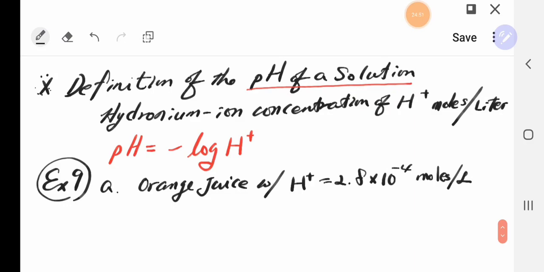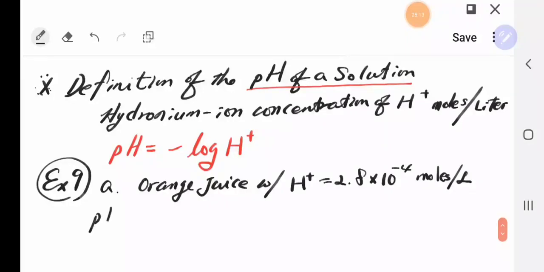H plus is the hydronium ion concentration. So for example, orange juice has 2.8 times 10 to the negative fourth power moles per liter of hydronium ion concentration. Using this, let's find the pH.